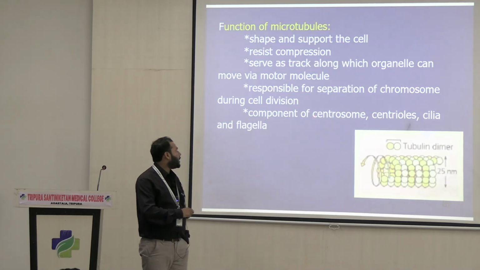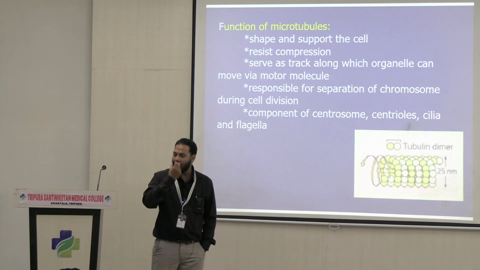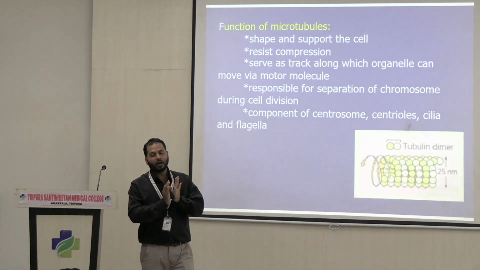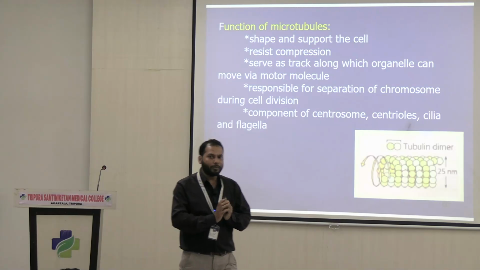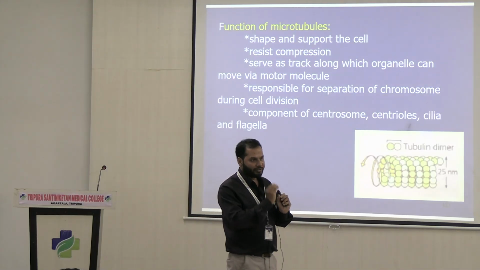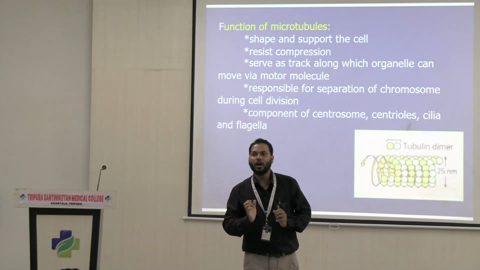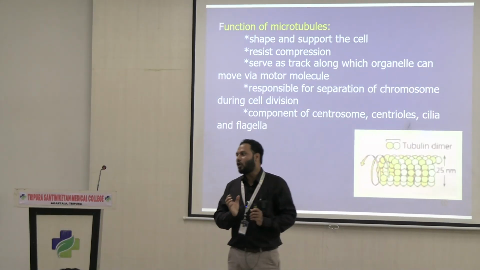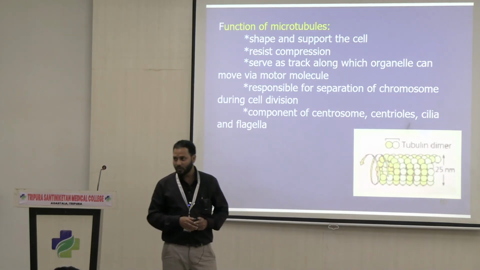It is an active component of the centrosome, centriole, and cilia and flagella. So these are the basic functional features of the microtubule. This is how different types of motor proteins are involved with the transport of different cell organelles inside the cell cytoplasm.